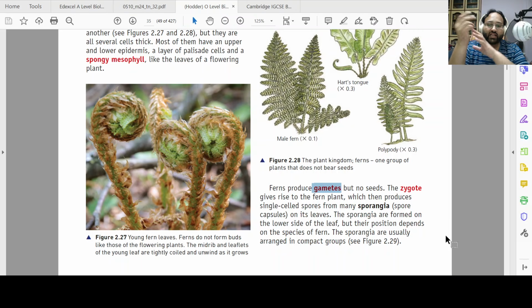Obviously gametes are there in flowering plants as well, right? So we'll take a look at that much later. Are the gametes like eggs? No, I mean the egg, to use the general term, is the female gamete. Oh, okay. So it's the female reproductive cell.